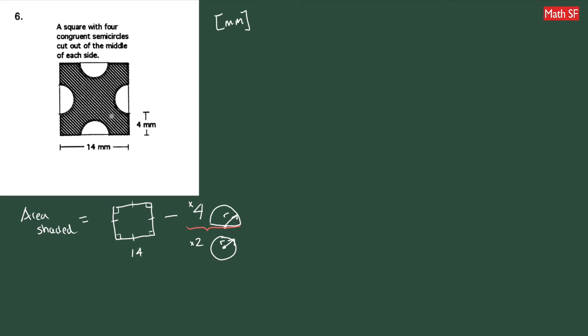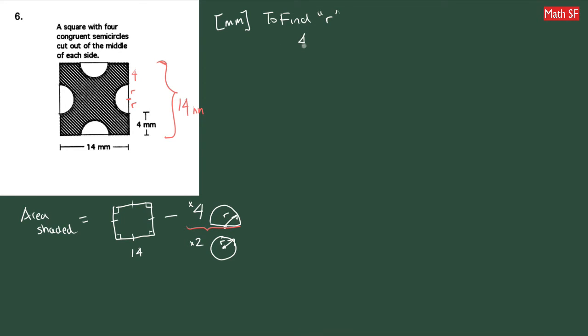If I know that these semicircles are cut each in the middle of it, so if this is 4, the middle here should be r, and this part here should be 4. So to find r, we're going to need to use that all of this here is actually 14 millimeters.